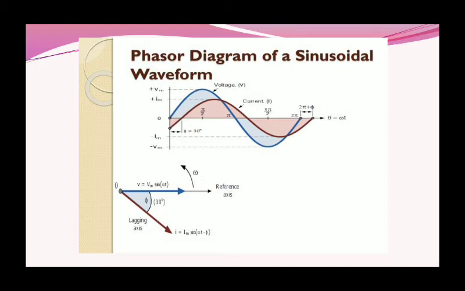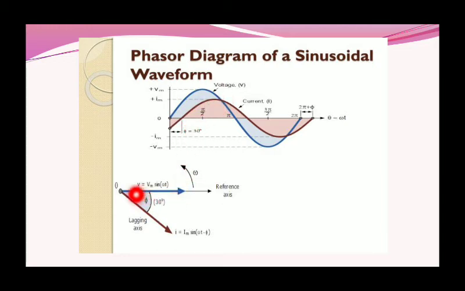Now comes the phasor diagram of a sinusoidal waveform. I have shown you another example. For example, the voltage phasor is starting from 0 degree, and you can see the current phasor is starting quite late. Means the voltage started at 0 instant, but the current started somewhat late. So how do we represent this in a phasor diagram? This is the voltage waveform. As it is starting from 0, it will come on the x-axis, and the current is quite late.